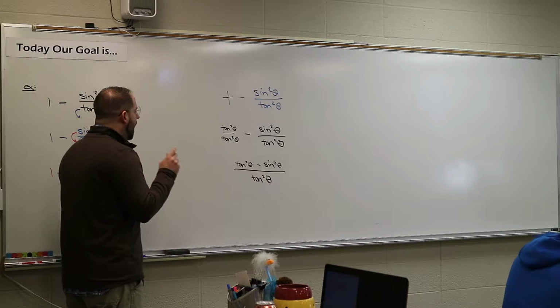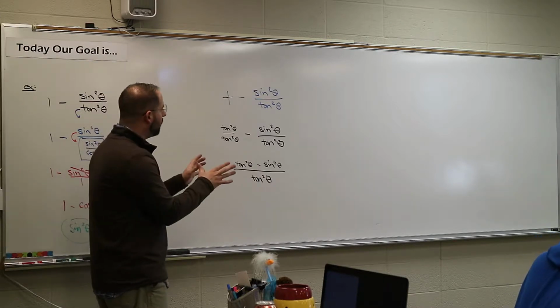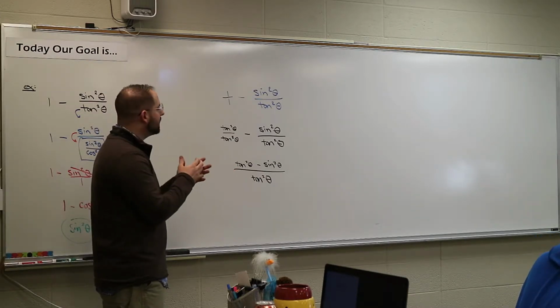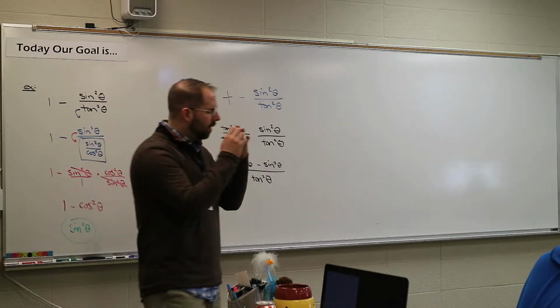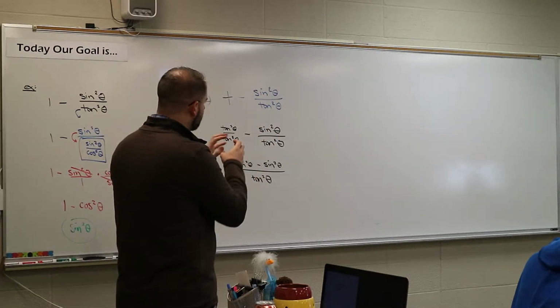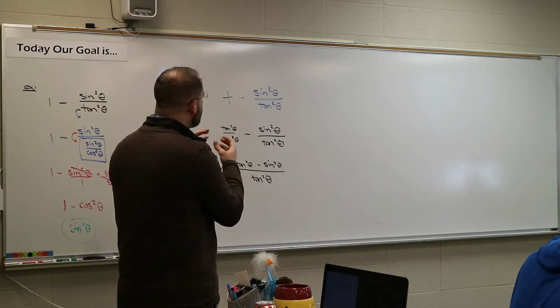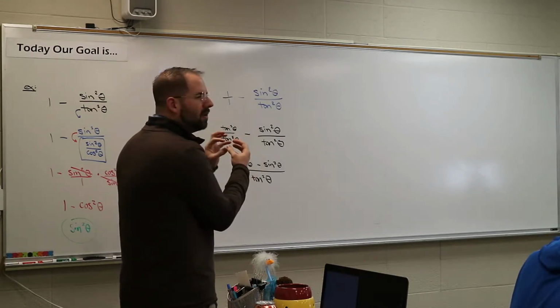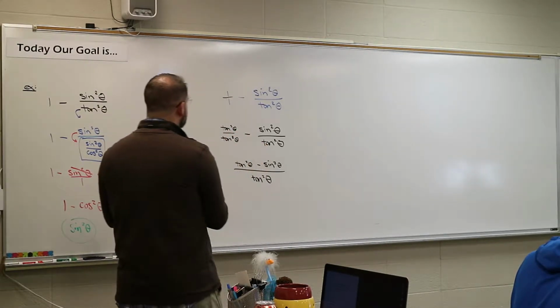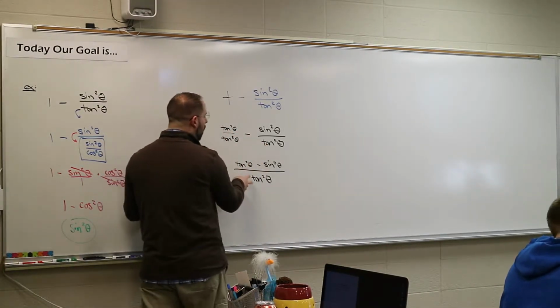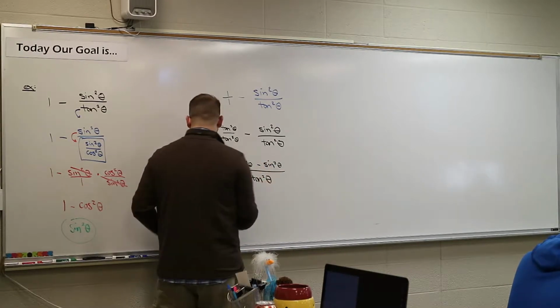Now, at this point, I'm right here now. Since it looks like it's not going anywhere, it's not getting simpler, or more simplified, I should say, what I would probably do at this point is a sine cosine replacement, just because it should hopefully help you get rid of things here in a second.